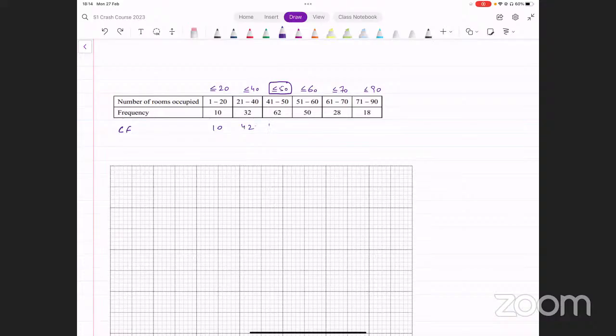That is going to give you 104. And then you think about all the values less than or equal to 60. That would be the sum of all of these values. Or you could just add the previous sum to 50, and that is going to give you 154. And then 154 plus 28, that would be 182. And then 182 plus 18, that's 200.